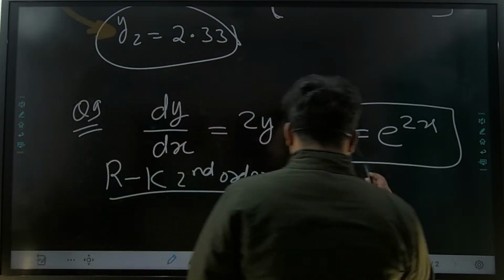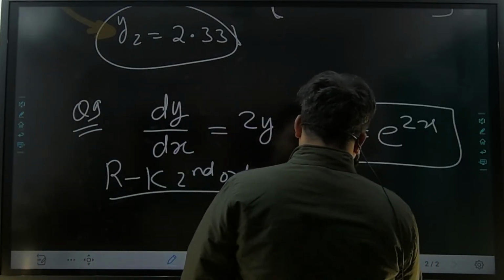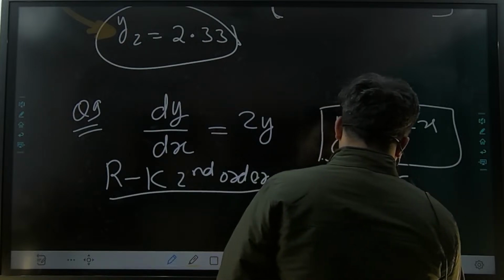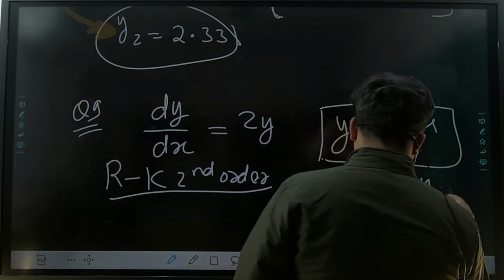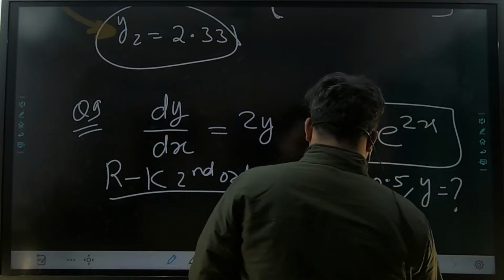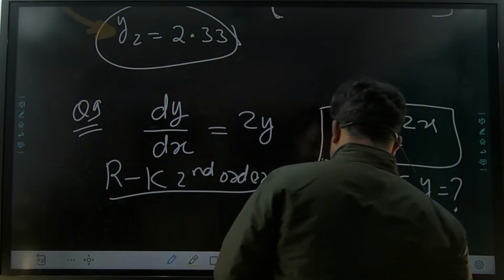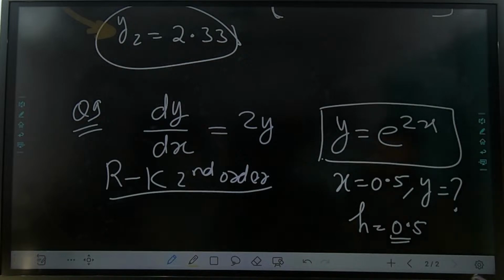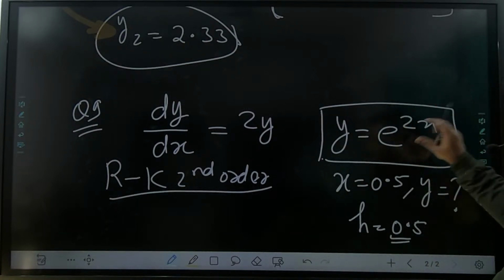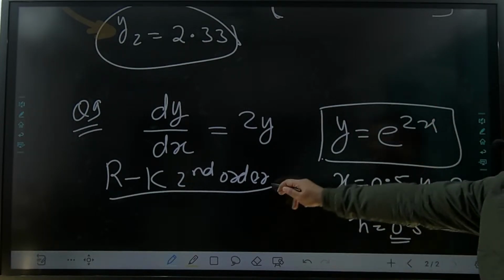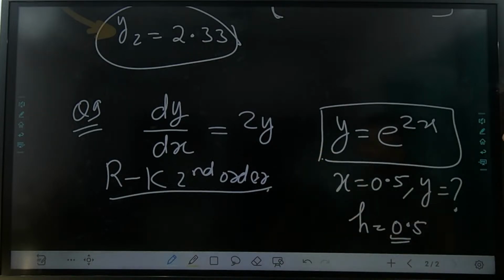So we have to calculate the y value when x is equal to 0.5. And the step size has been given; with this step size you have to move ahead. What they are asking is the relative percentage error. The analytical method gives you the actual, very precise solution. But the RK method, or any other numerical method, will not give you a precise solution; it will give you an approximate solution.